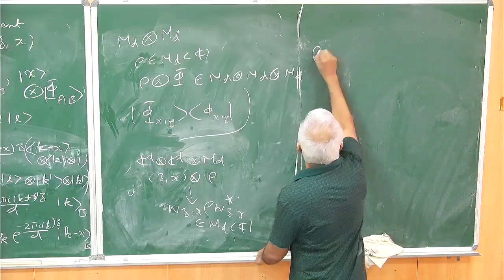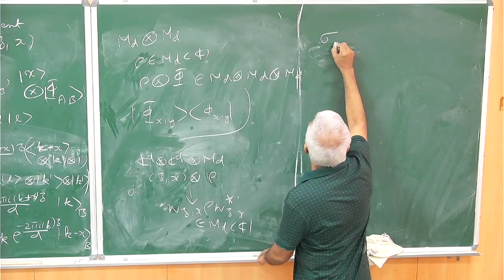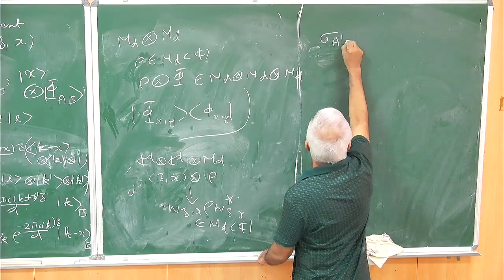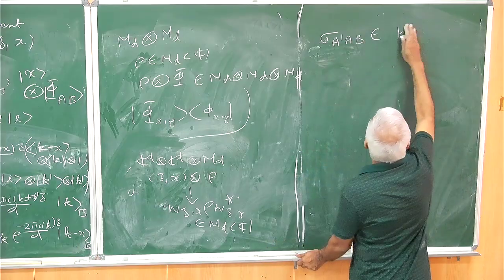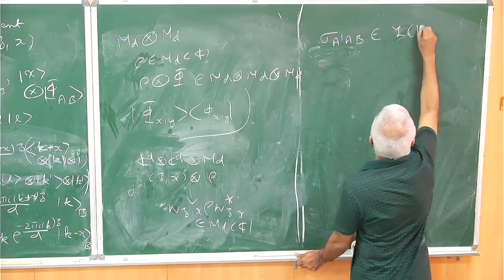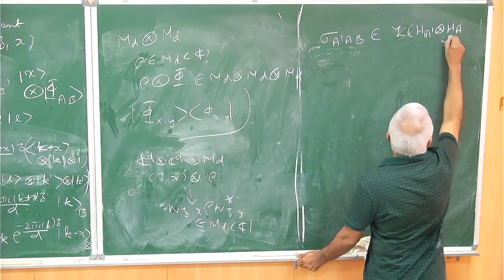If you take a rho, or if you have a sigma A prime AB, that is in L of HA prime tensor HA tensor HB.